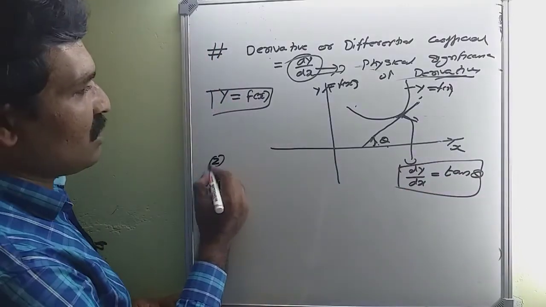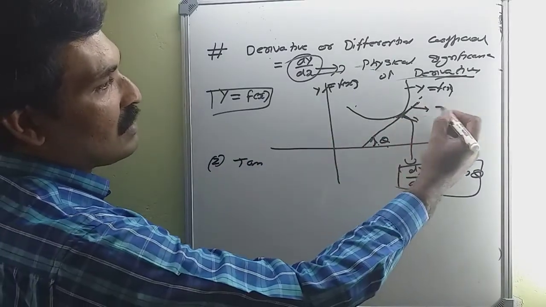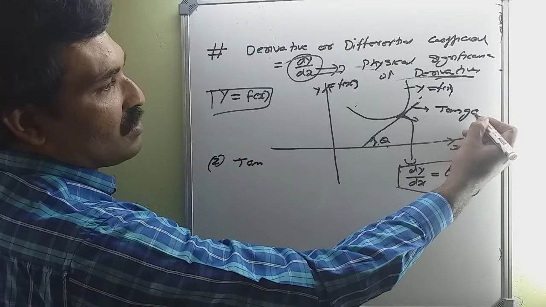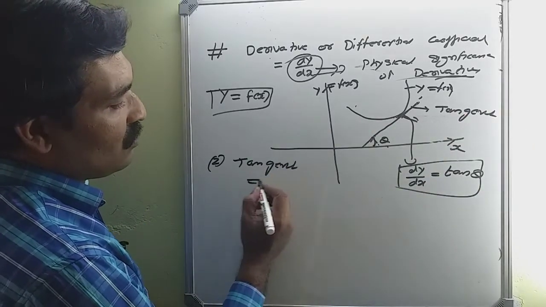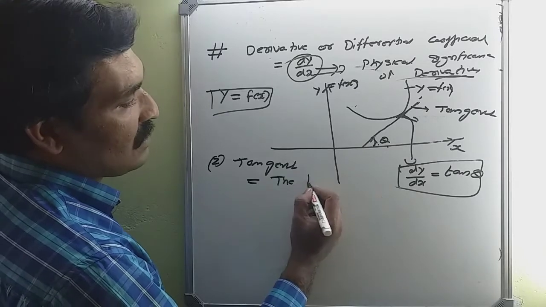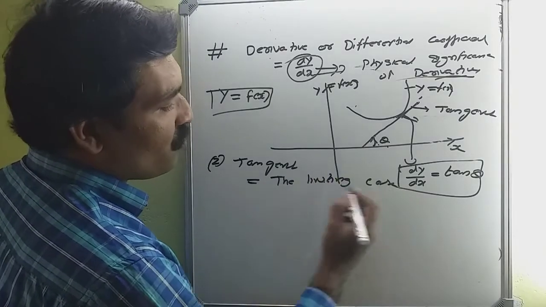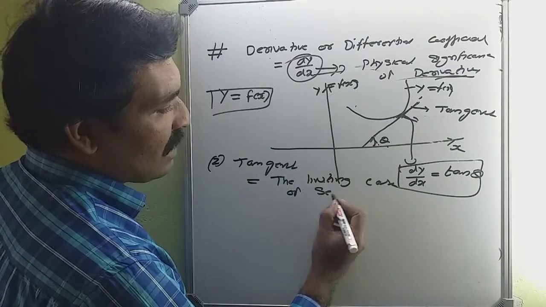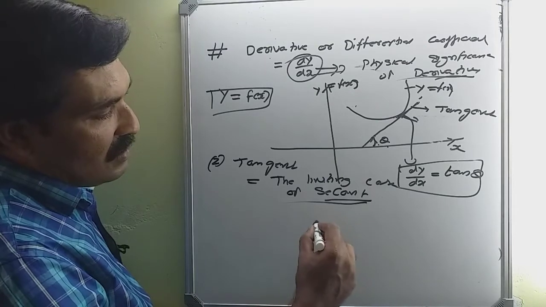Now what is a tangent? Tangent is equal to the limiting case of secant. This is our curve.